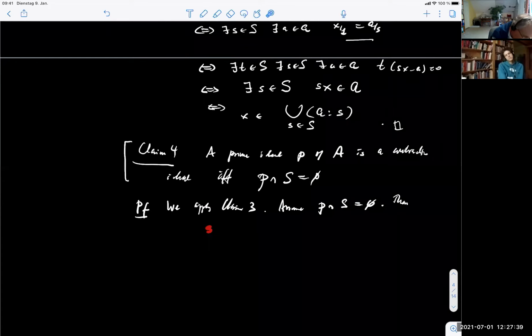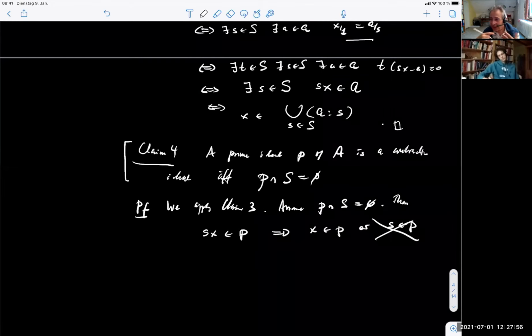So if I have x, sorry, I have Sx in P. Now I use that P is a prime ideal. So this implies either x is in P or S is in P, but this is impossible, since the capital S that we use here is just the complement of P. Sorry, I'm confused today.